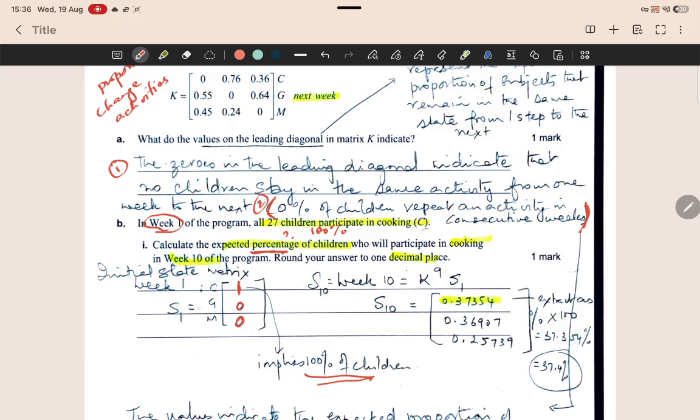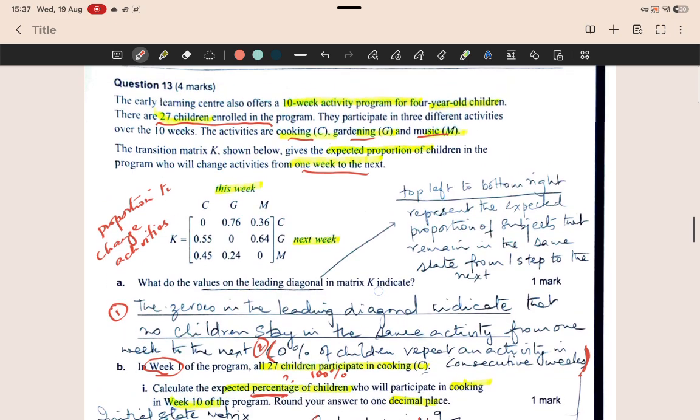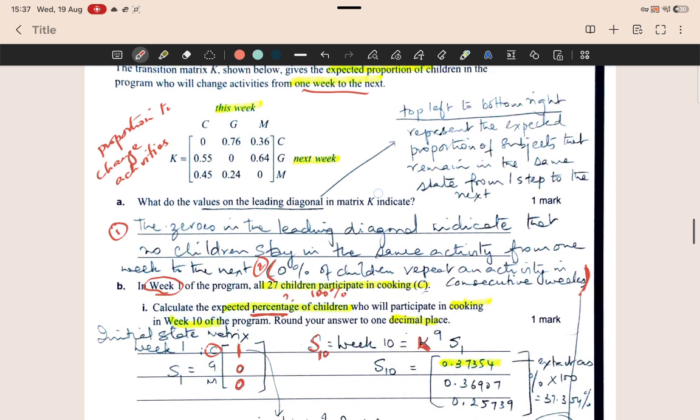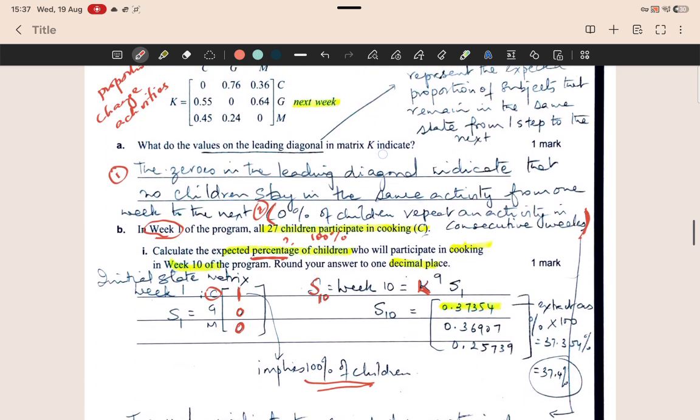If that's week 1 and they want the number of students cooking in week 10, you can say the state in week 10 is K, because K is the transition matrix given here, to the power of 9.